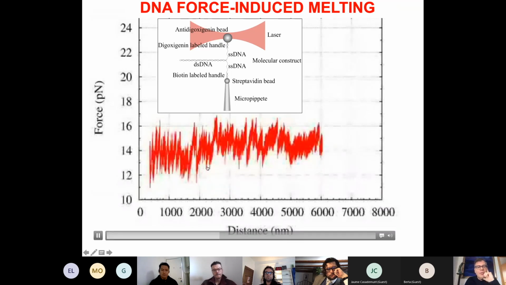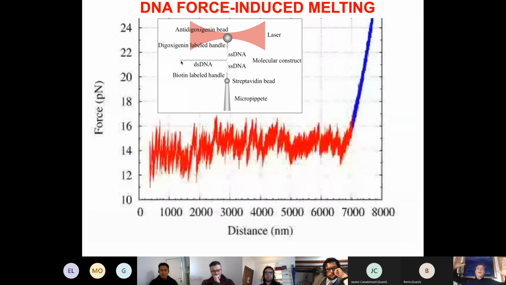So this curve, the full unzipping of this DNA molecule, which is 7,000 base pairs, goes up to 7 microns, 7,000 nanometers, which is here. Okay, we'll stop now. And you will see that at the end, I have a hairpin because I want to separate the two strands, but keep the same molecule intact in such a way that I can reconstitute it when I release the force, because I want to repeat this experiment many, many times.